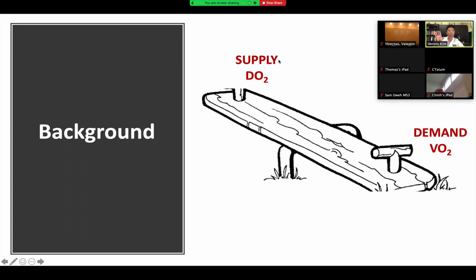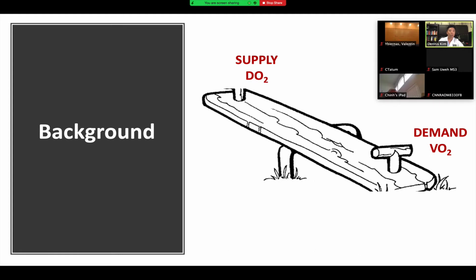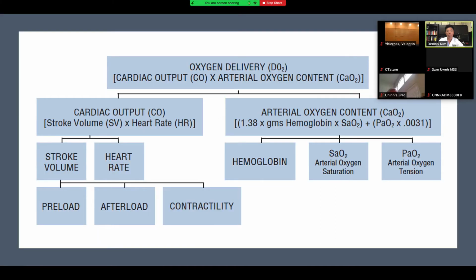And so when we're thinking about shock, and when we're trying to intervene or help our patients out, the whole idea is that we want to both augment oxygen delivery but at the same time decrease demand. And I think that latter part oftentimes gets forgotten about.